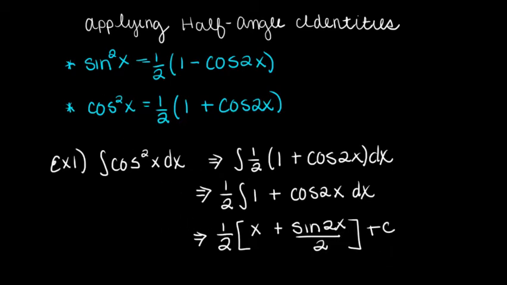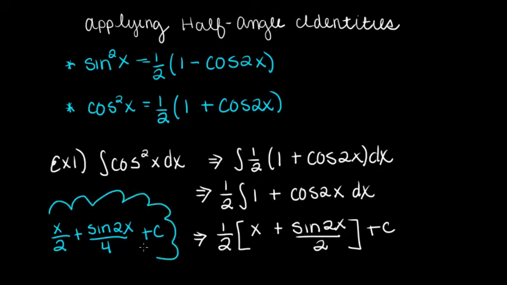So our final answer, multiplying in our 1/2, is x all over 2 plus sine of 2x all over 4, plus c. And that is how we plug in the half-angle identity for cosine squared x.